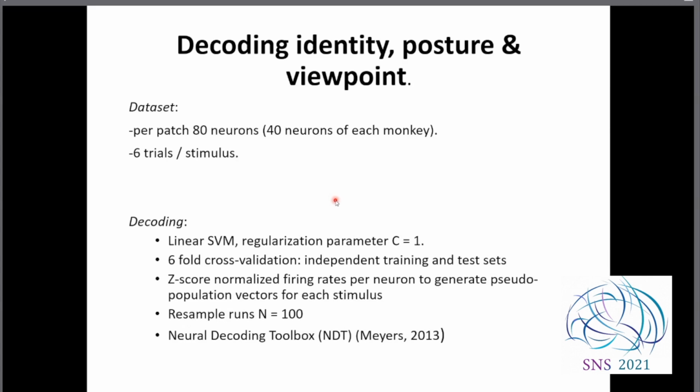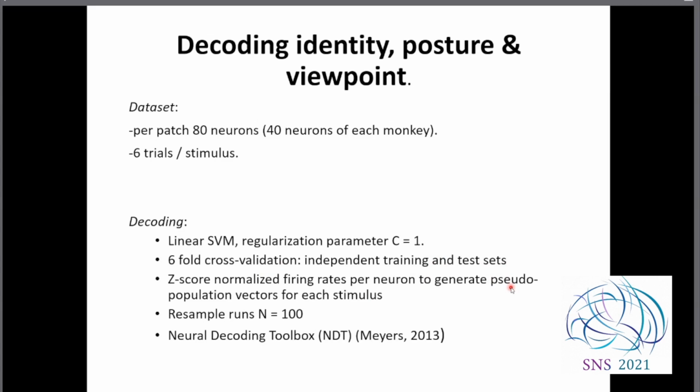And we did the same thing for the posture and for the viewpoint. For the people who are interested in technical details, well, it's all published. We used a linear support vector machine as classifier, and also 6-fold cross-validation. So the training and test sets were independent, as is standard in this kind of analysis.